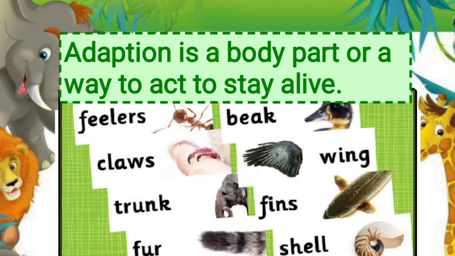Examples of the basic adaptations that help animals survive are the shape of a bird's beak, the number of fingers, the color of the fur, the thickness or thinness of the fur, the shape of the nose or ears. Some animals have scales and some animals have spots. So this diversity in appearance and behavior is caused by animal adaptation.